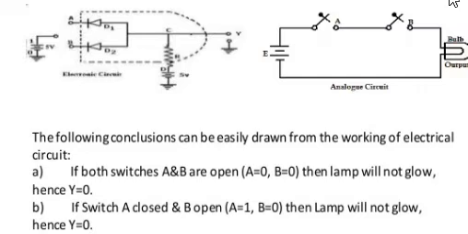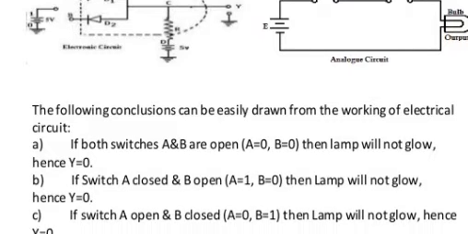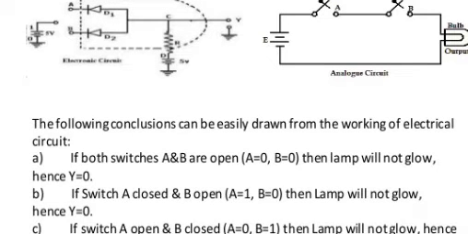You can see we have used two diodes D1 and D2 in the first diagram for the A and B switches. If we focus on the conclusion here, number one, A part: if both switches A and B are open, meaning the value of A and the value of B both are 0, then the lamp or the bulb will not glow.